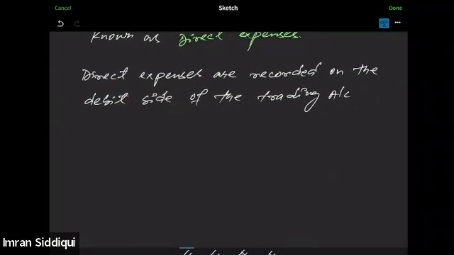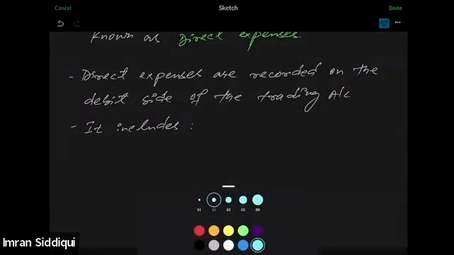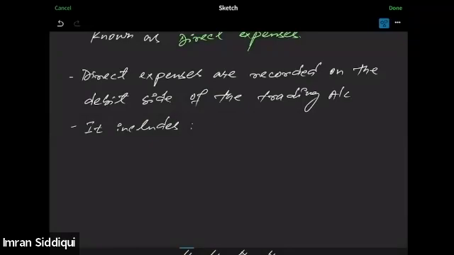Could you please tell us a few direct expenses? Yes. Direct wages and salary. Yes, wages and salary is a direct expense, that is right. There are various expenses which come under the direct expense, like, as you said, wages, not salary.